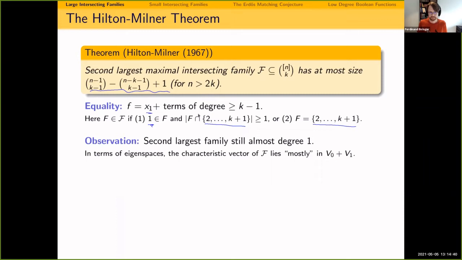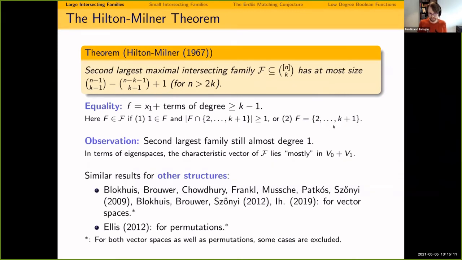And you can actually show that when you project the characteristic vector of this family onto the first eigenspaces, you still get a very large chunk of them projected onto the trivial eigenspace plus the first eigenspace. So you are still mostly in your first eigenspace, and only a little bit of your family is somewhere else, which also corresponds to the example you have here.